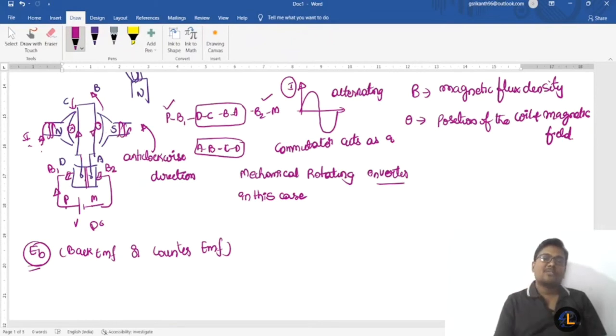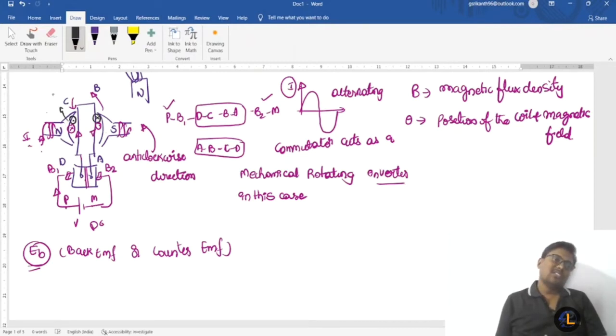For the direction of force, you can use Fleming's left hand rule. Thumb indicates the direction of the rotation, forefinger represents the direction of the flux, and the middle finger represents the direction of the induced EMF, which is outwards. So here I am getting dot, and here I am getting cross.